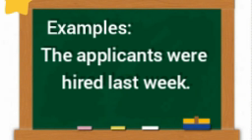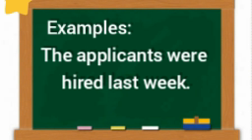Another example using the linking verb were. As I said, we use were when the subject is plural, and it is used when the action word happens sometime in the past. The applicants were hired last week. The applicants is our subject. It is plural.